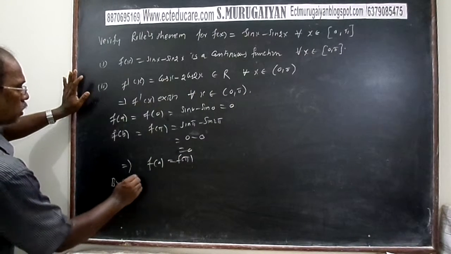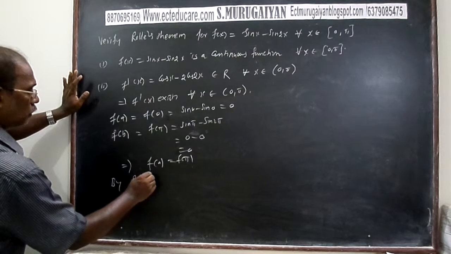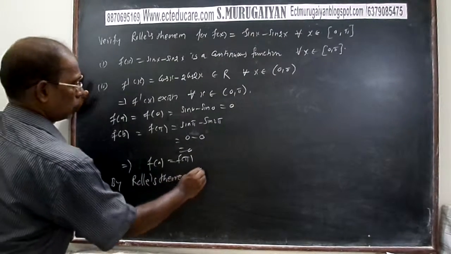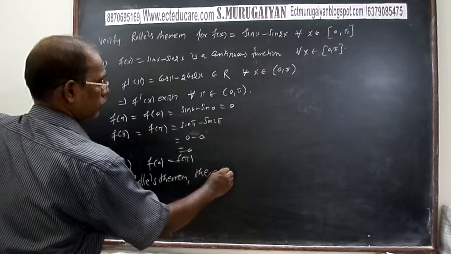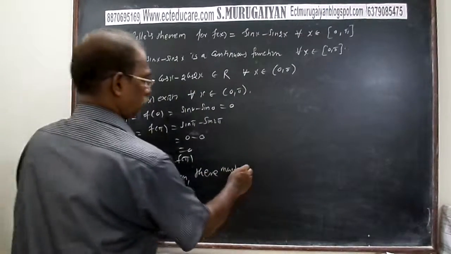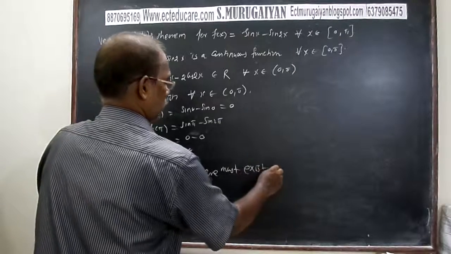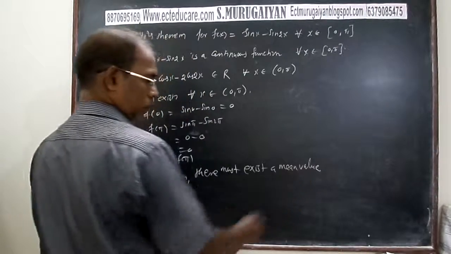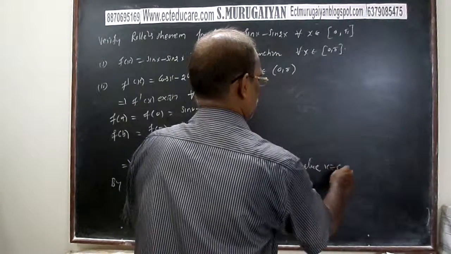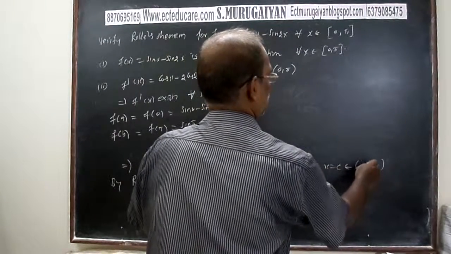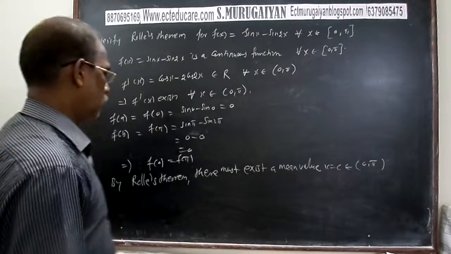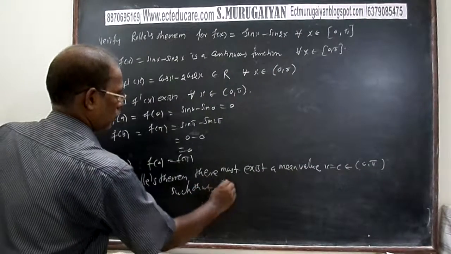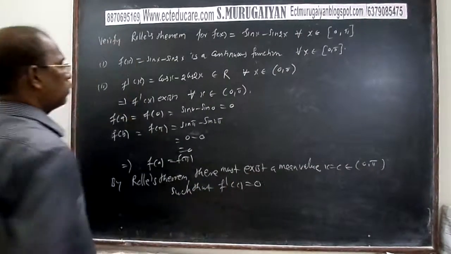So by Rolle's theorem, there must exist a mean value x = c of the open interval (0, π) such that f'(c) = 0.